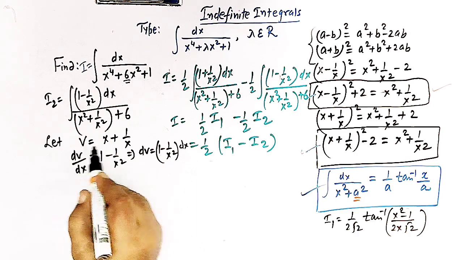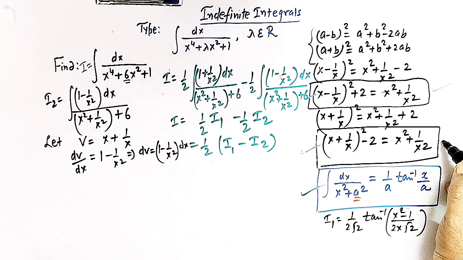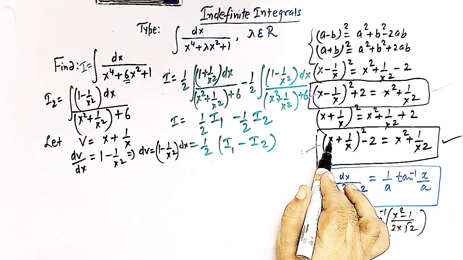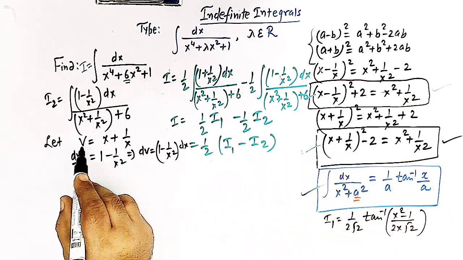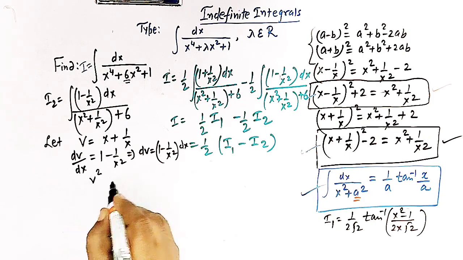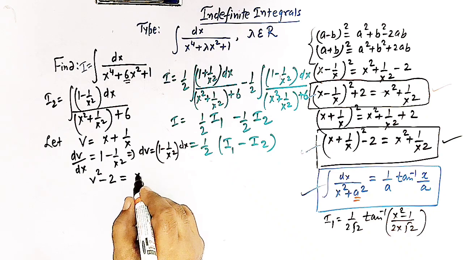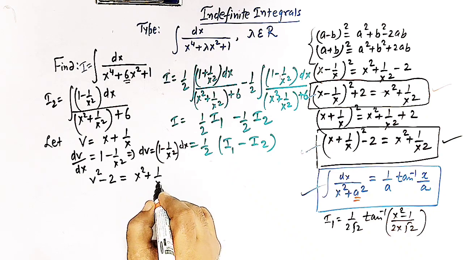And when we have v is equal to x + 1/x, we can make use of this result, that is x + 1/x is v. So here we have v² − 2 is equal to x² + 1/x².